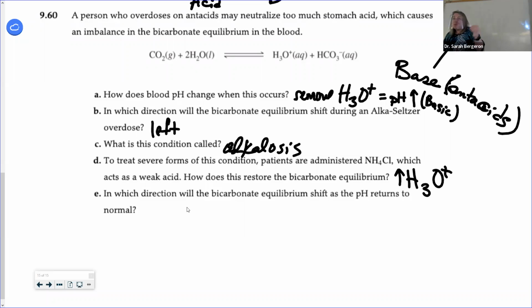The thing that controls acid, H3O plus. So in which direction will the bicarbonate equilibrium shift as we treat the patient? It's going to go right, the opposite direction that you went before. When they're becoming alkalotic, they go left. When we treat them, they go right.